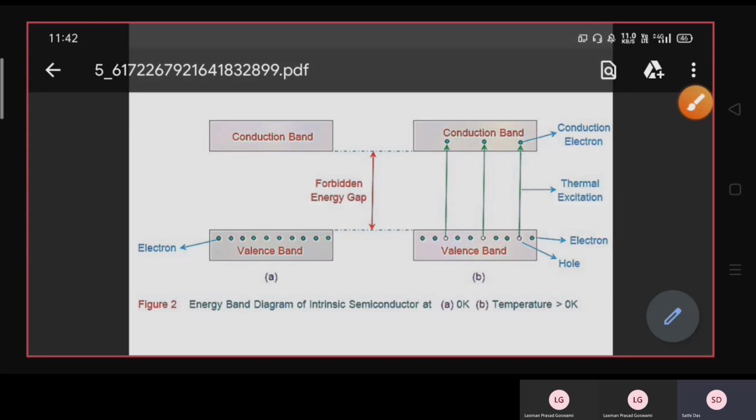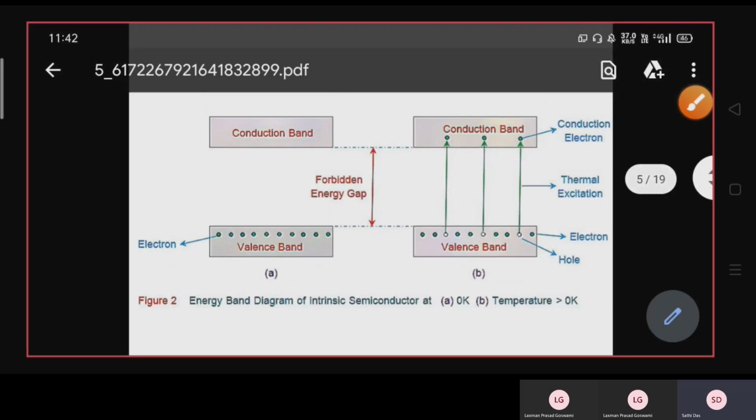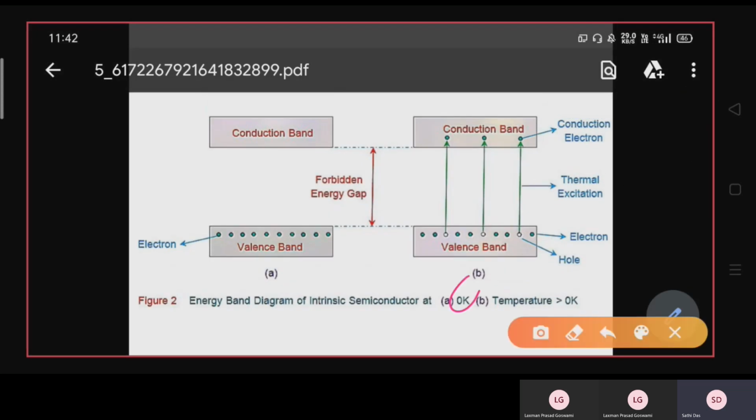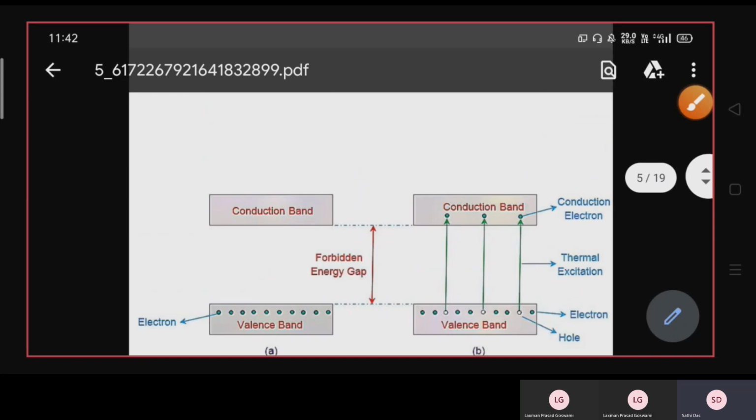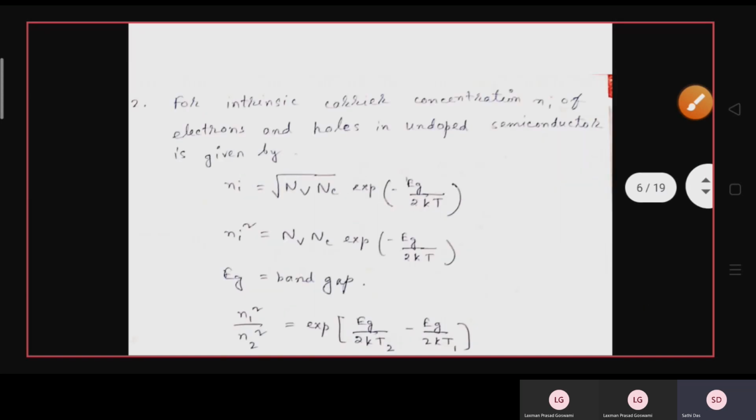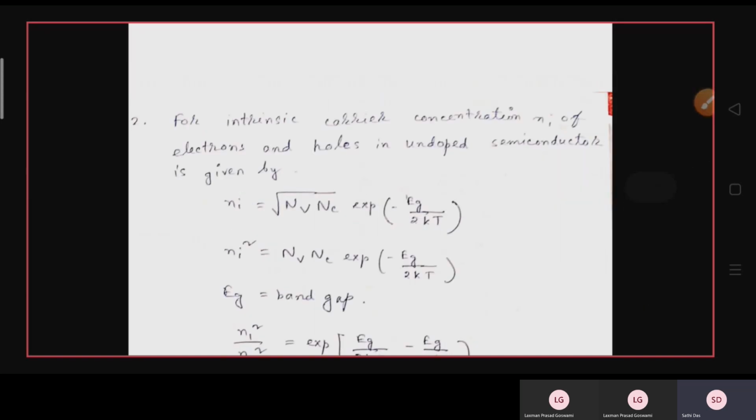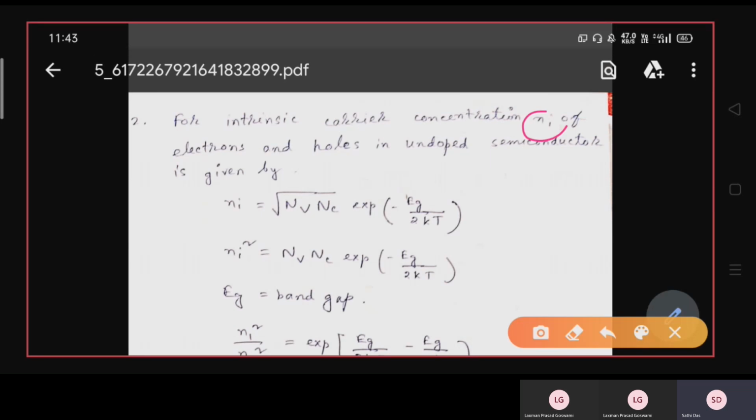So this is the energy band diagram of an intrinsic semiconductor at 0 Kelvin and at higher than 0 Kelvin temperature. Here we have the carrier concentration data with respect to temperature, and we have to find out the band gap.